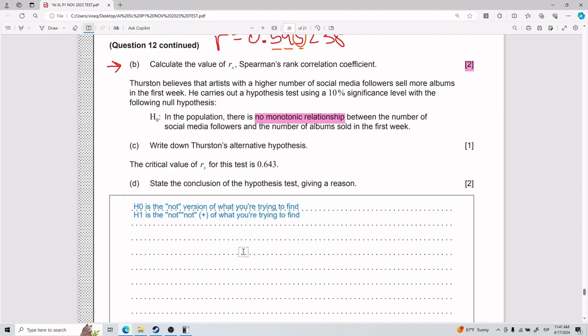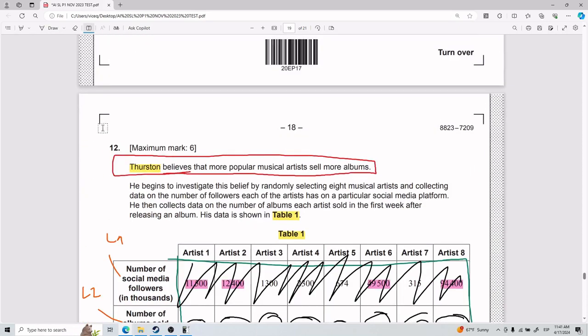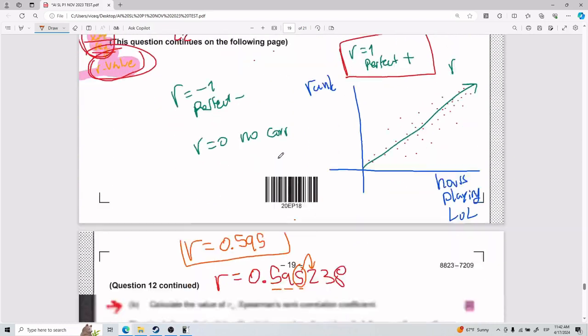Now let's remember, what is Thirsty Thurston trying to find? Thirsty Thurston believes that more popular musical artists sell more albums. And so what is the not of this? The not of this is that more popular musical artists don't necessarily sell more albums, okay?